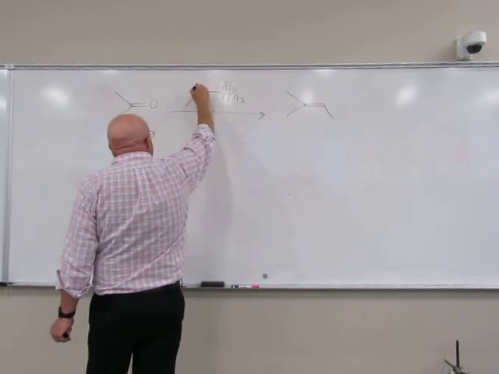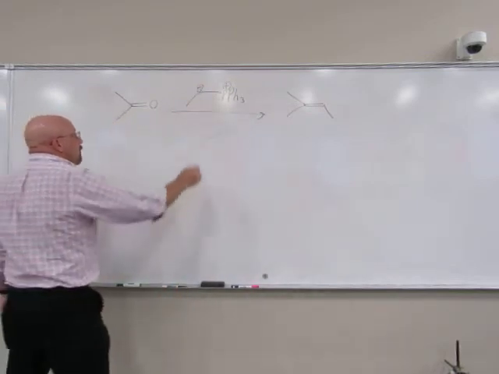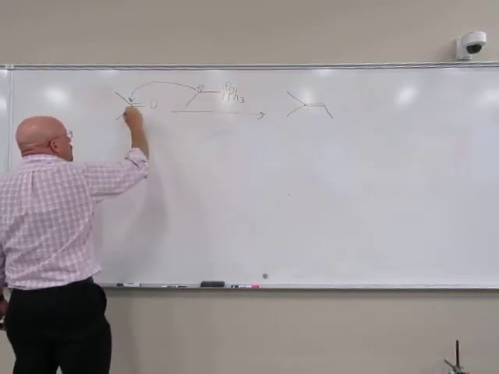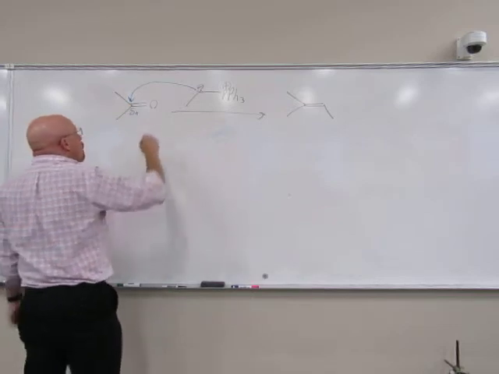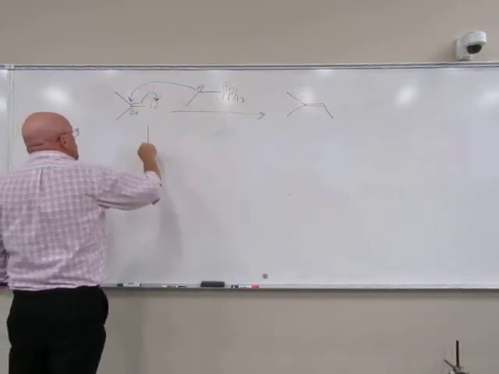Now the anion here, our ylide, is acting as the nucleophile. So this is our ylide that attacks the carbonyl carbon because there's partial positive charge on all carbonyl carbons. And we kick the electrons up onto the oxygen.